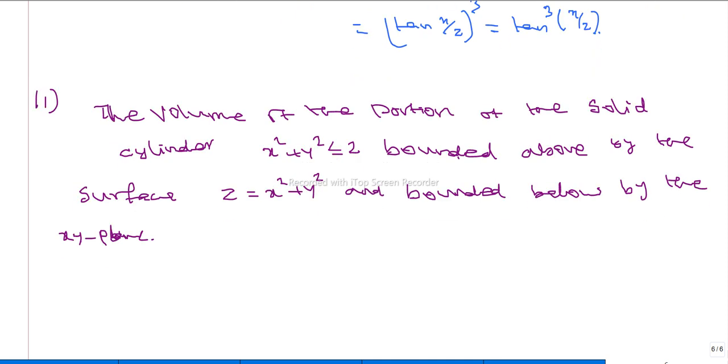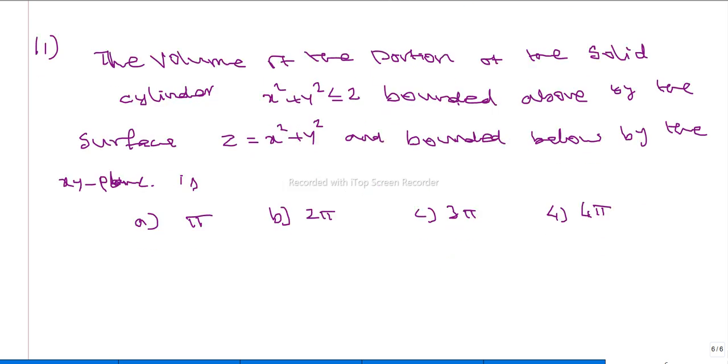What is the volume? The first option is pi, the second option is 2 pi, the third option is 3 pi, the fourth option is 4 pi. First you have to write the surface, the function, and then find the volume.